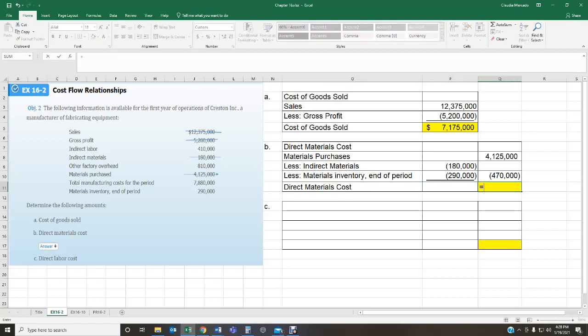Your direct material cost is going to be your material purchases minus your indirect materials minus your materials inventory at end of period, and that's going to give you a direct material cost of $3,655,000. So this represents the actual direct material cost that was spent on manufacturing the equipment.